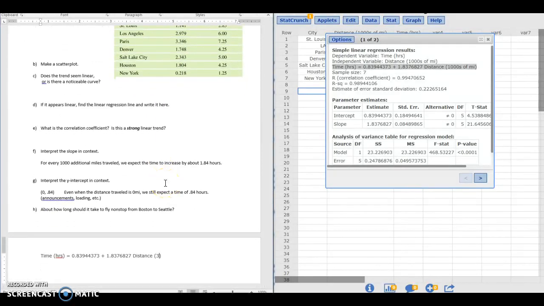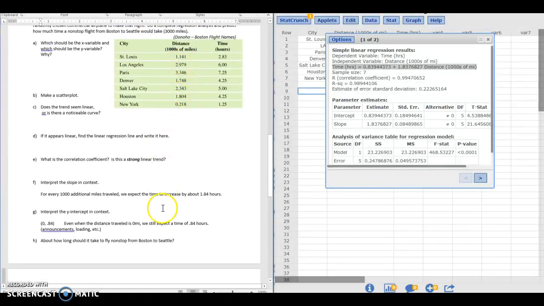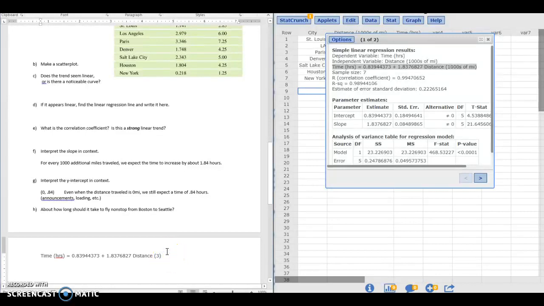So I'm just going to put a 3 there because, again, we're counting in thousands. All of these were in thousands. And then I grab my calculator, and what I get is 6.35 hours. So ultimately, that was the final answer we wanted to give there.